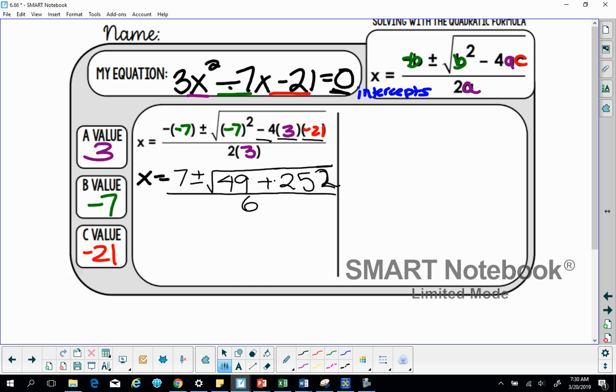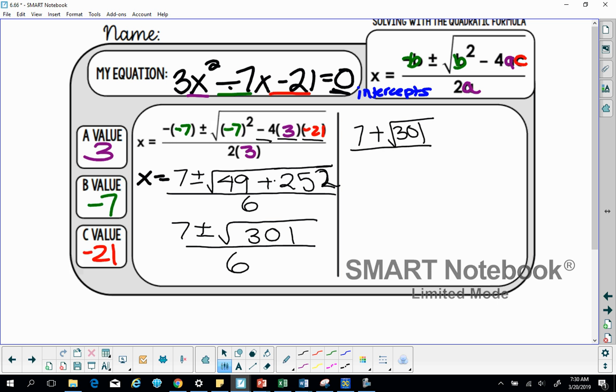So now what is 49 plus 252? 301. Cool. Now all you have to do in your calculator at this point is press 2nd, and you're putting 7 on the numerator, plus the square root of 301, over 6.